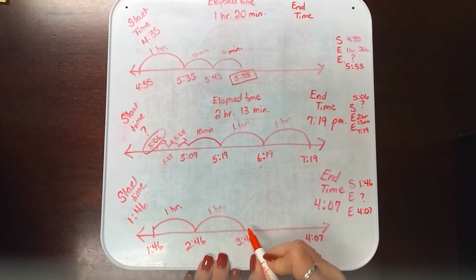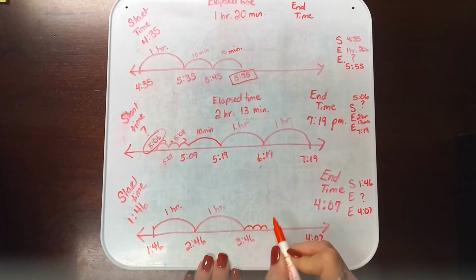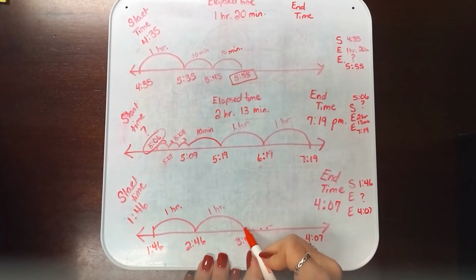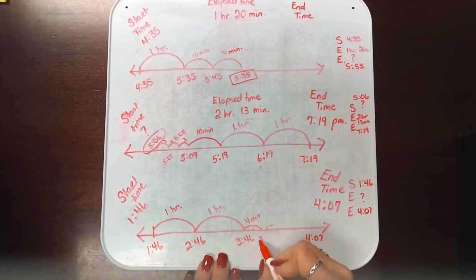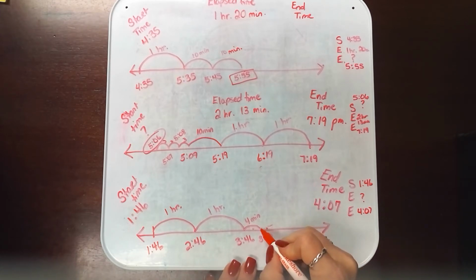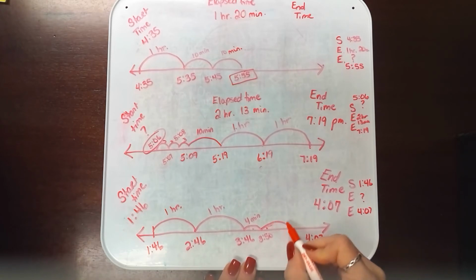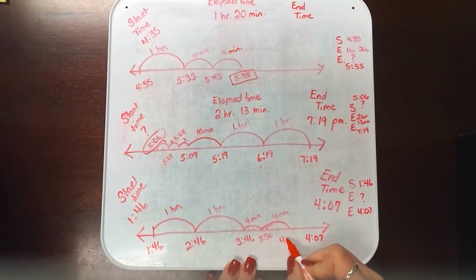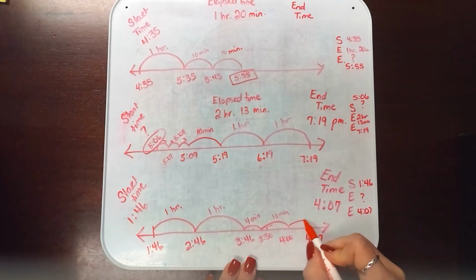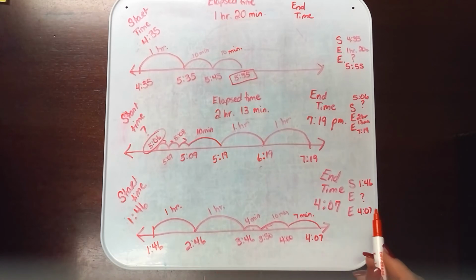So I may want to do a jump of 4. I can do each individual, or I can say, I know if I do a jump of 4 minutes, that gets me to 3:50. Okay. Then if I do a jump of 10 minutes, that gets me to 4 o'clock. Then I can do a jump of 7 minutes, and that gets me to 4:07.